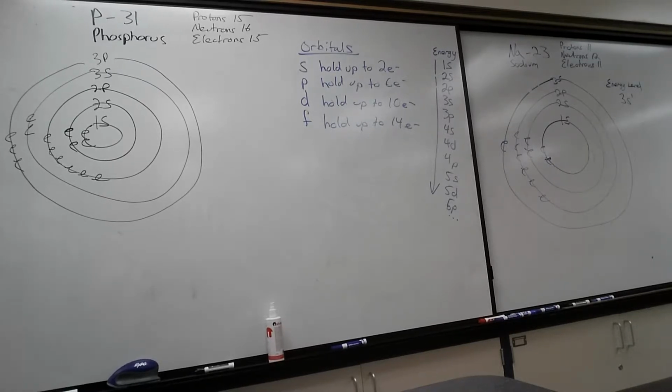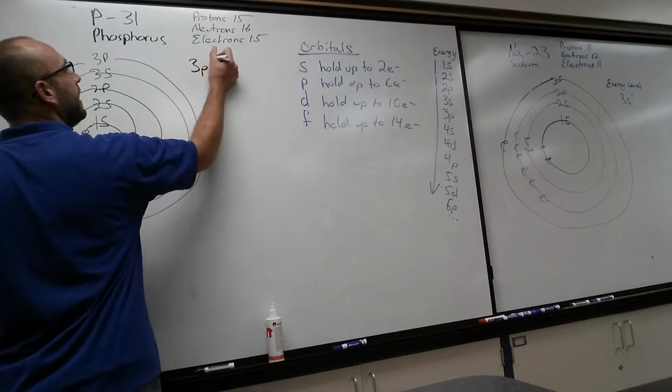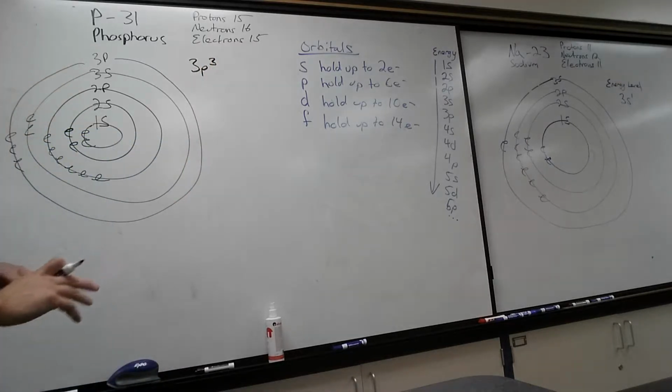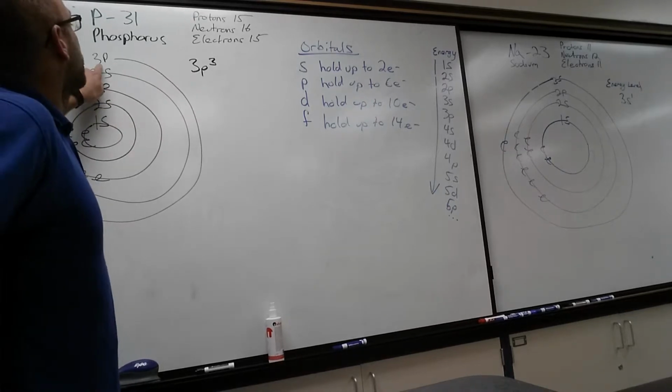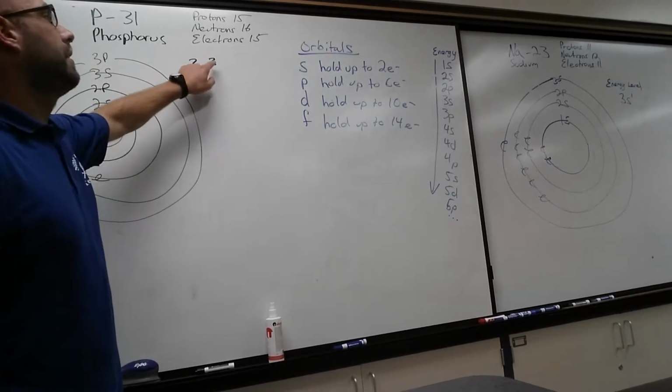So I would write that energy level as what? 3p3, very good. How did you get that? 3p is the outer orbital, and there's 3 electrons on it. 3p3.